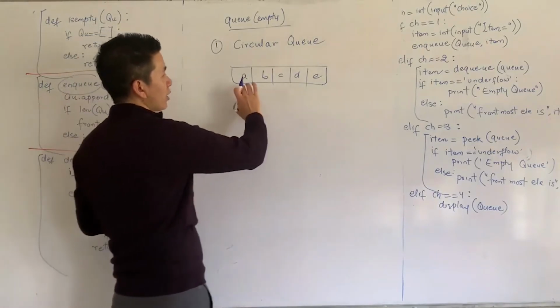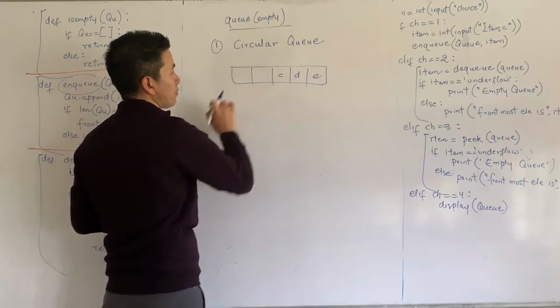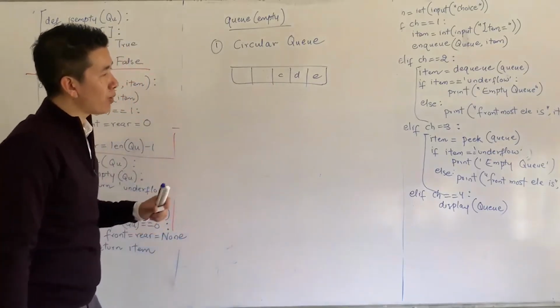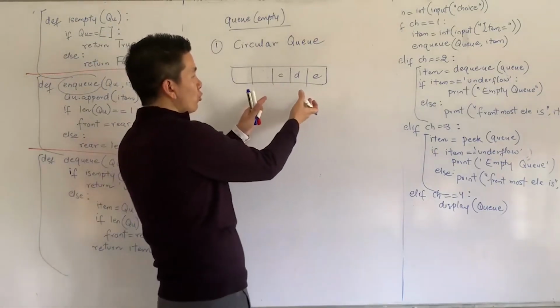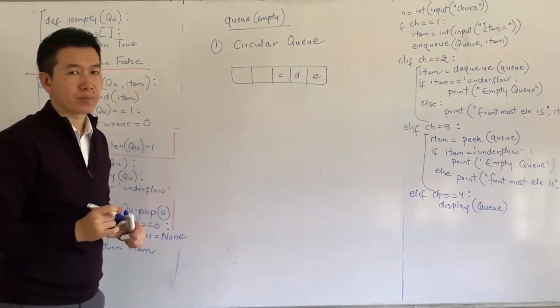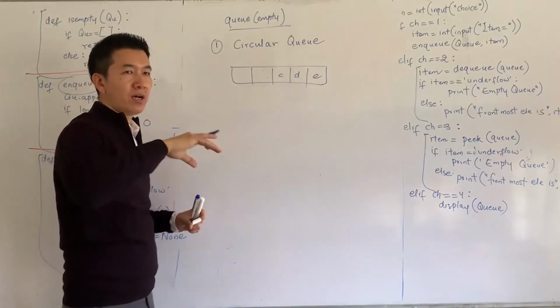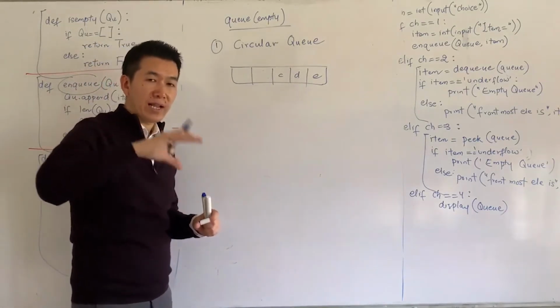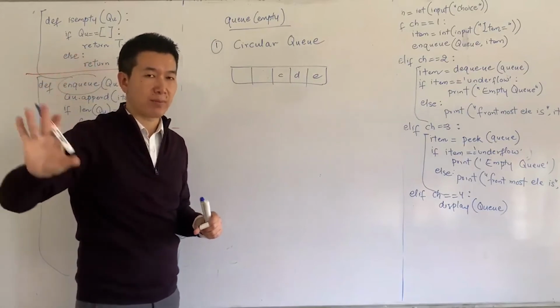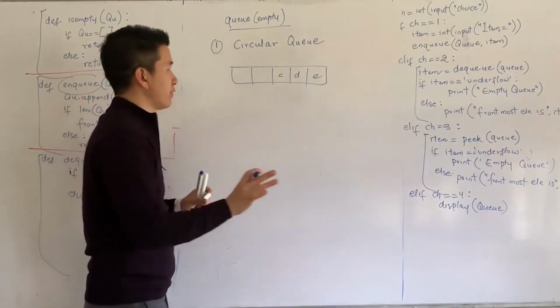When I DQ, A disappears, B disappears, alright? Now the problem here is I cannot use the earlier unutilized spaces, right? So this used to be a problem in the queue in languages like C and C++, okay? You just need to know what the situation is first.